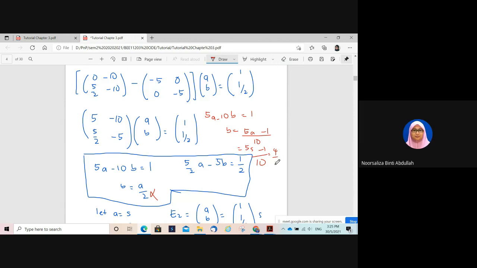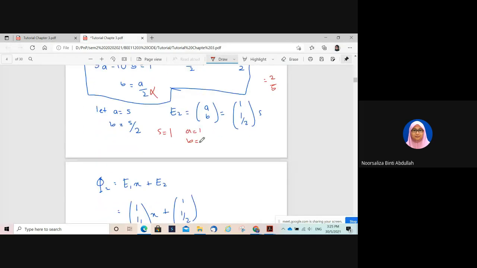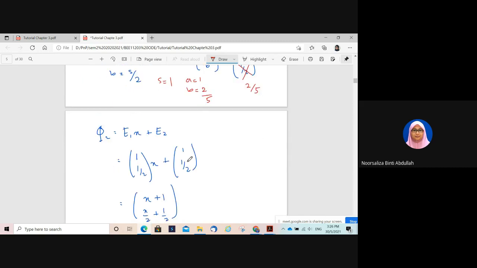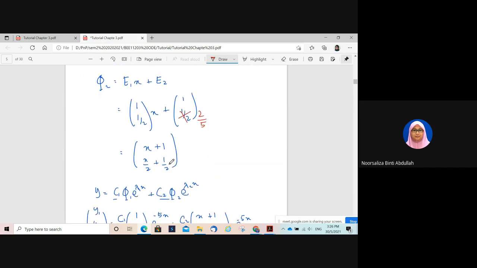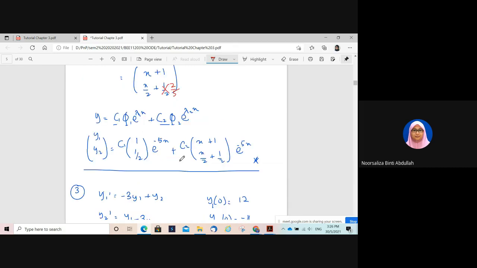So 4/10 equals to 2/5. So this B is actually 2/5, and this one also 2/5, and this one also 2/5.